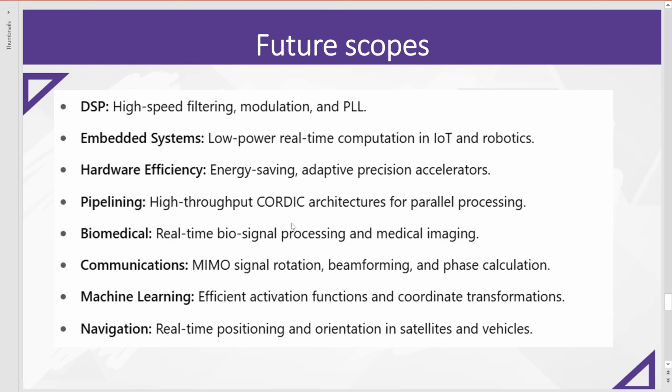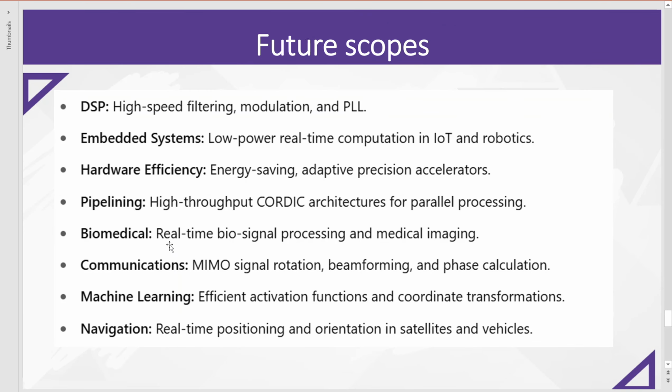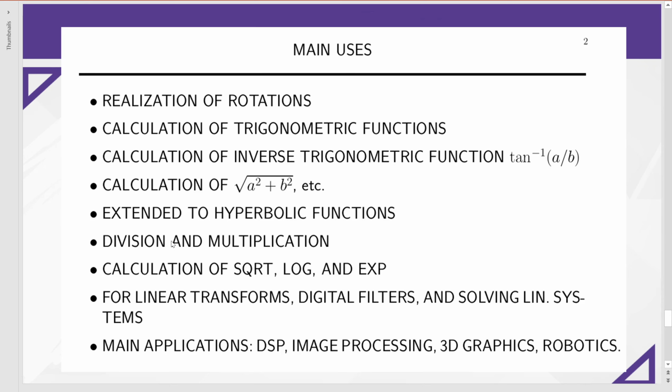Future scope of the CORDIC algorithm: it can be used in DSP, digital signal processing blocks, embedded systems, and hardware efficiency. Pipelining can also be done, because in this circuit my design is not pipelined. Also biomedical, communications, machine learning and navigation.